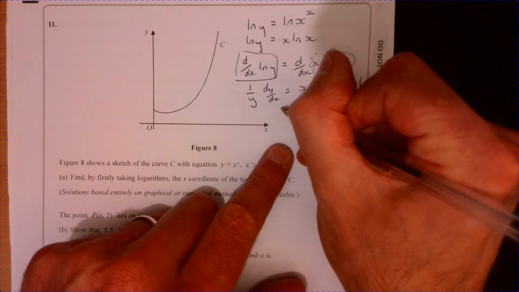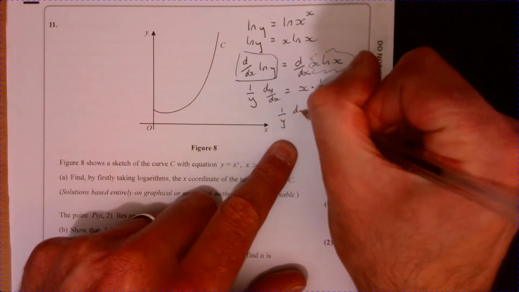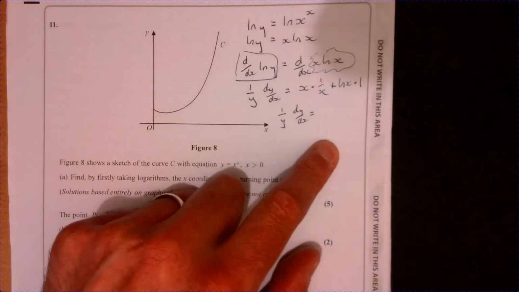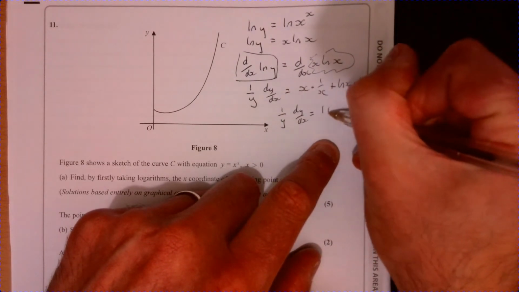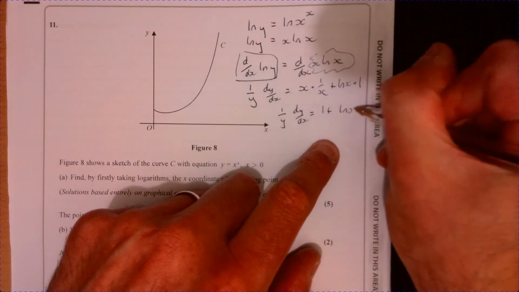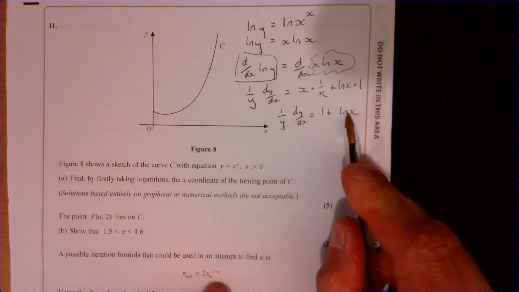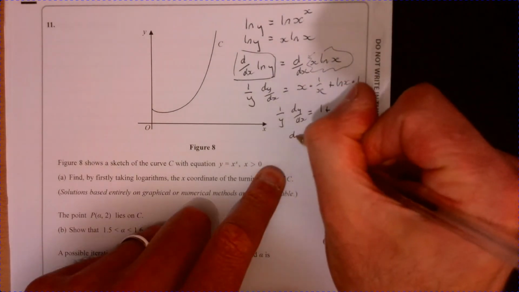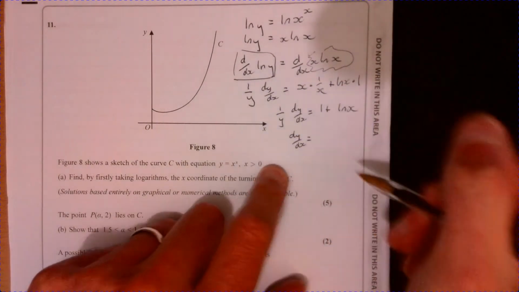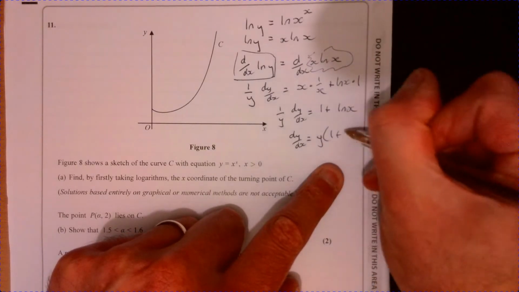So this gives me 1 over y dy/dx equals 1 plus ln x. Multiply both sides by y, and we've got dy/dx equals y times (1 plus ln x).